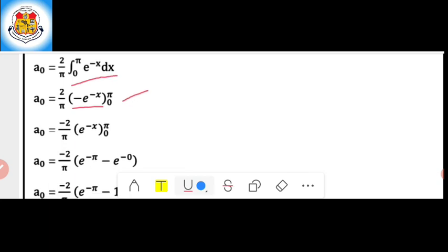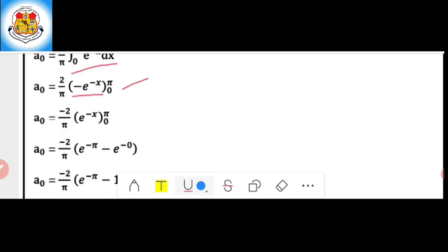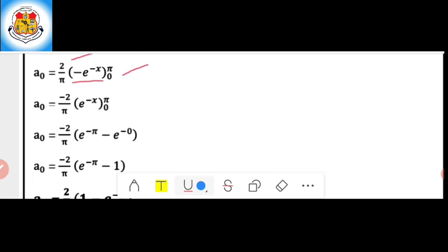Next, by applying the limits to the function, we get minus 2 upon pi. From here, the minus sign we take outside, so minus 2 upon pi, by applying the limit, e raised to minus pi minus e raised to minus 0.